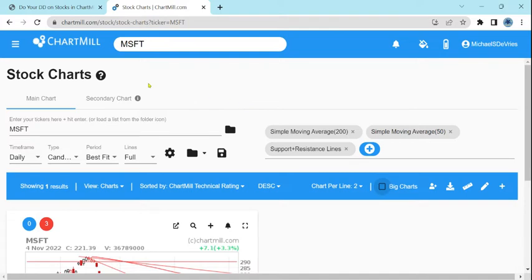Typically in a standard due diligence video, I just use the standard stock chart tool in ChartMill. But again, there are lots of advanced features for charting any stock in ChartMill, and we'll dig into that in more detail in a subsequent video.